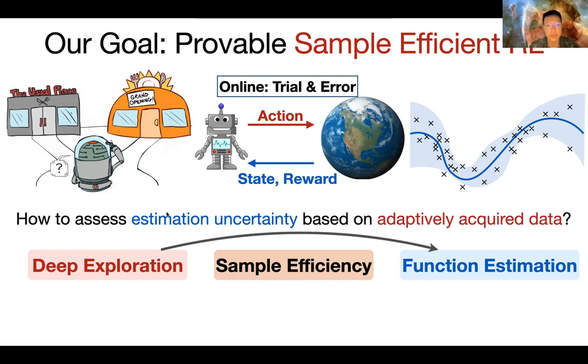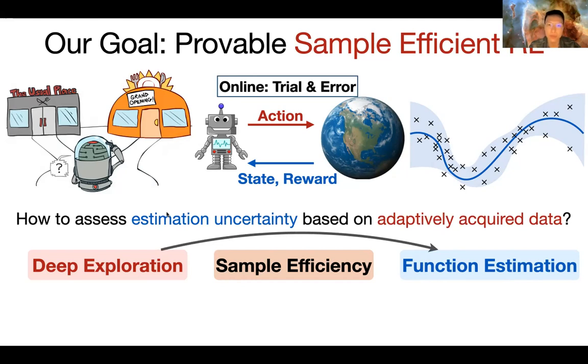The first challenge is in terms of function estimation, because we use function approximators in this reinforcement learning algorithm. As a sub-problem, we need to fit some function using the data.